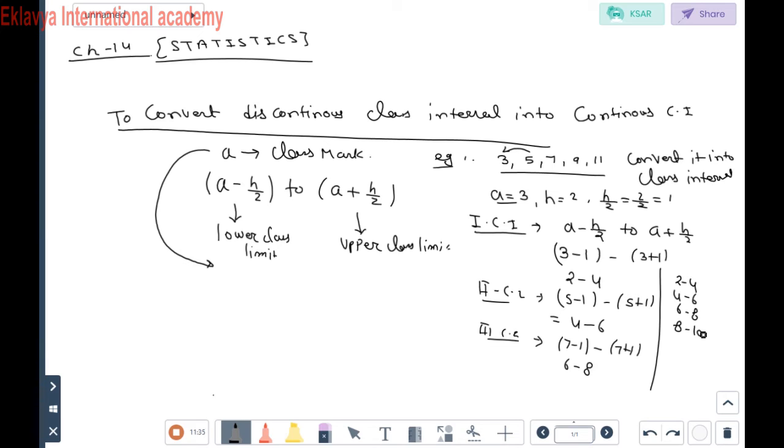Okay. Now we will discuss if the class interval is given to you in discontinuous form.